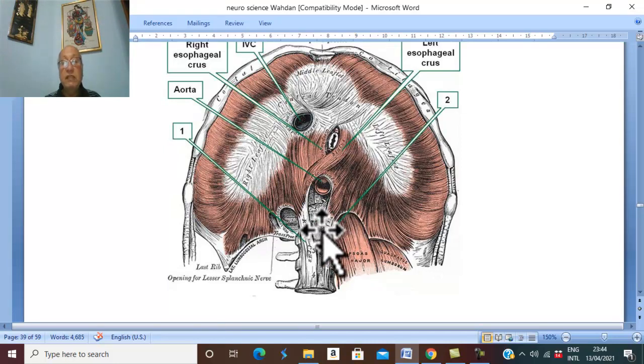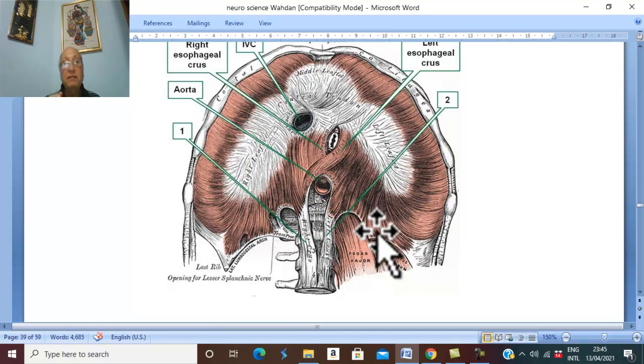This inferior view shows the origin of the diaphragm. At the origin of the diaphragm, there are the crura of the diaphragm. These fibers are called the right crus, and these fibers are called the left crus. And on each side there is a curved origin of the diaphragm. This curved origin is called arcuate.